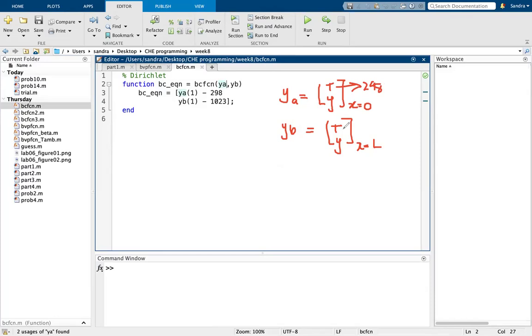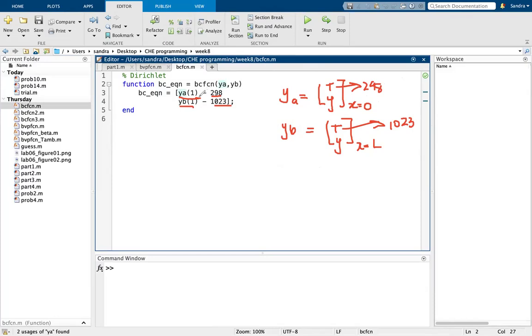In YA, the first entry has to be 298, and in YB, the first entry has to be 1023, which is 750 degrees Celsius. Now, how do I code it? I shouldn't write just equal to; I should bring it to the other side and equate it to 0. That's how the function has to be written.